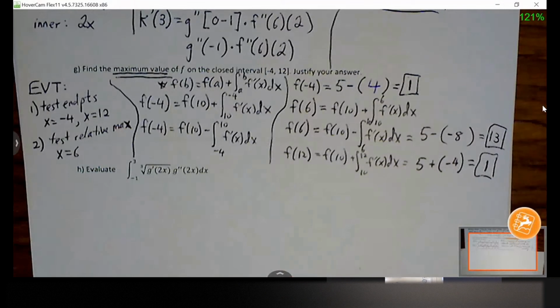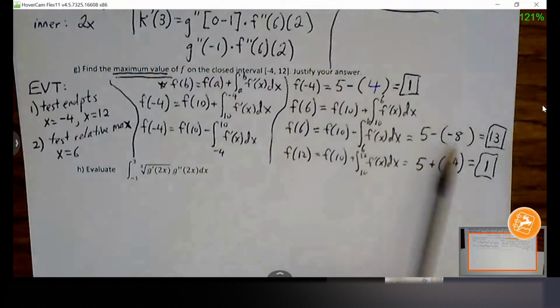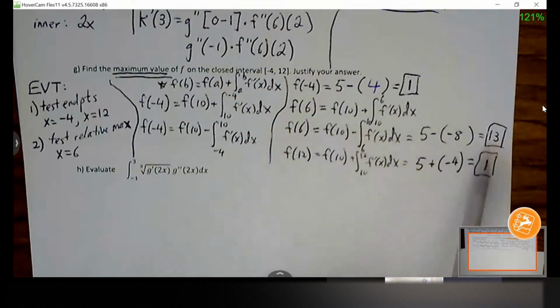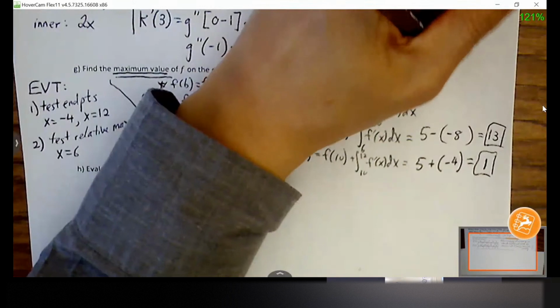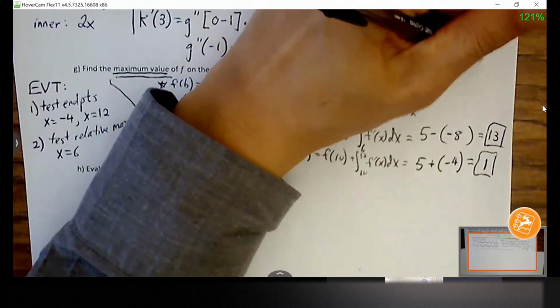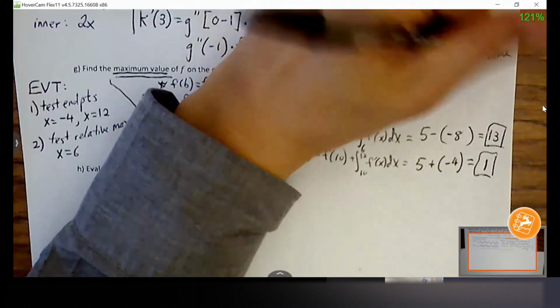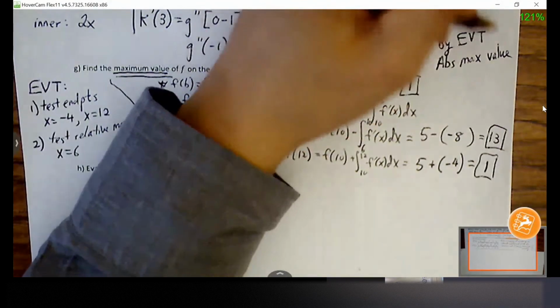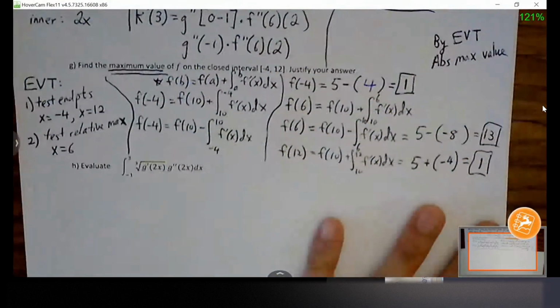All right, so what can we conclude? Absolute max value is 13. Good. We only care about the y value. We could care less where that x value is. So on the test, we don't even have to put what the x value is at all.